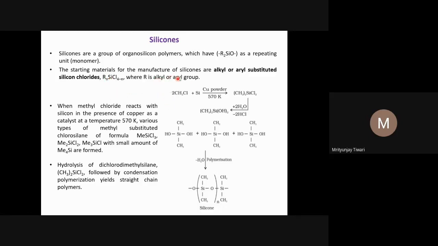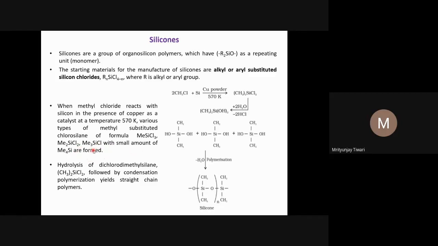Here R is an alkyl or aryl group; methyl is an alkyl group, phenyl is an aryl group. When methyl chloride reacts with silicon in the presence of copper as a catalyst at a temperature of 570 Kelvin or more, various methyl-substituted chlorosilanes of formula MeSiCl3, Me2SiCl2, Me3SiCl, and a small amount of Me4Si are formed.